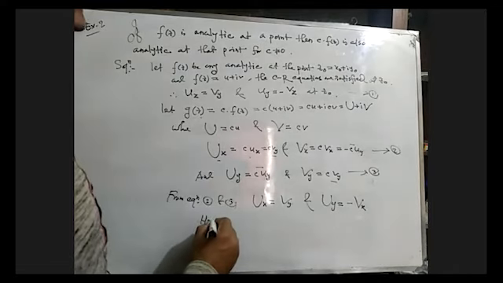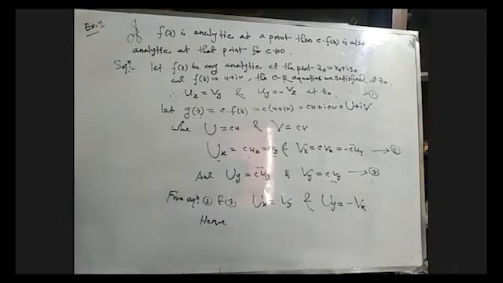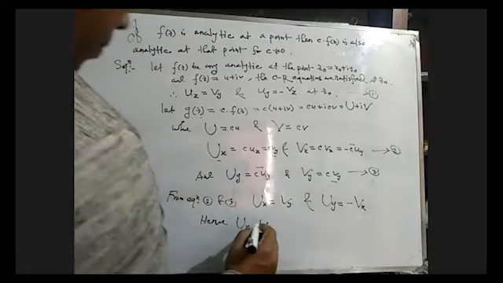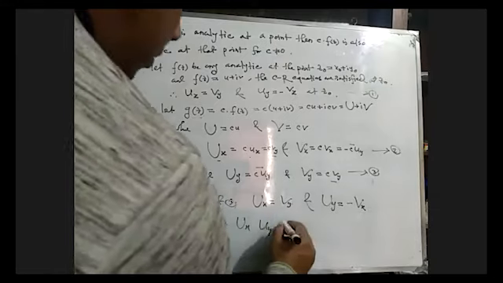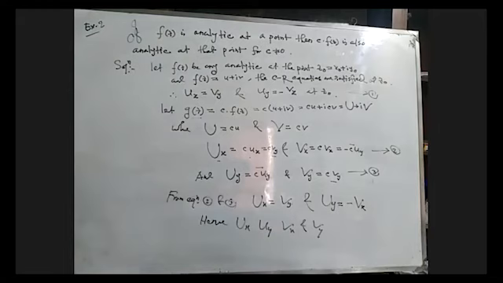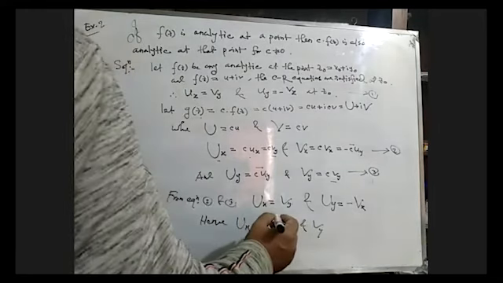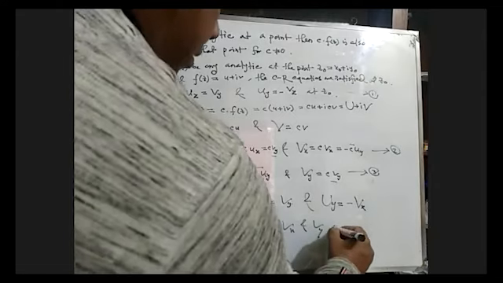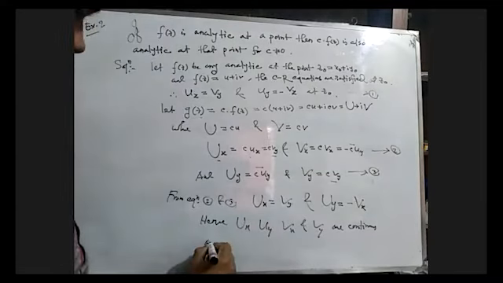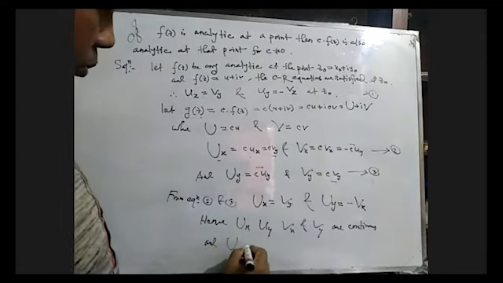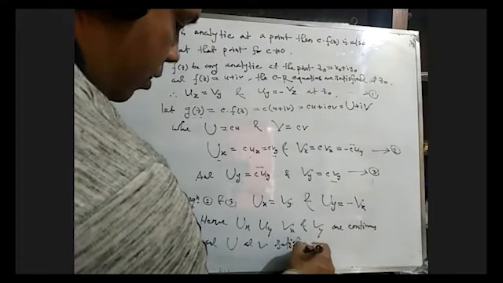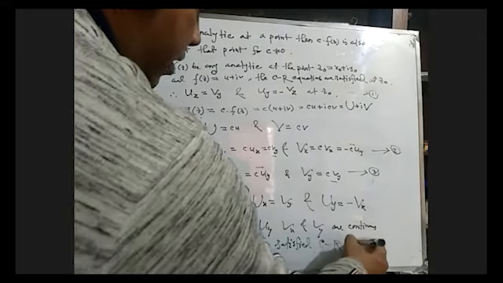Hence, ux, uy, capital U, bx and by are continuous, and u and b satisfied Cauchy-Riemann equation.